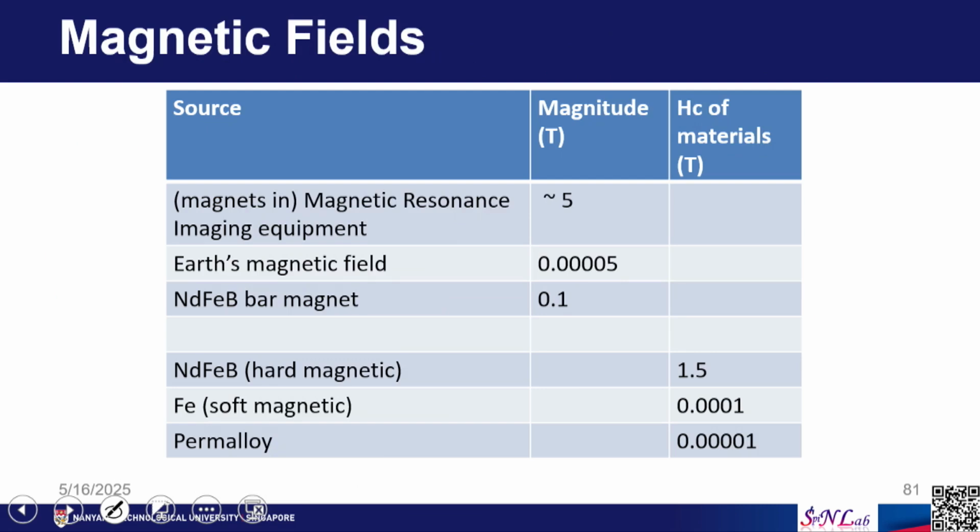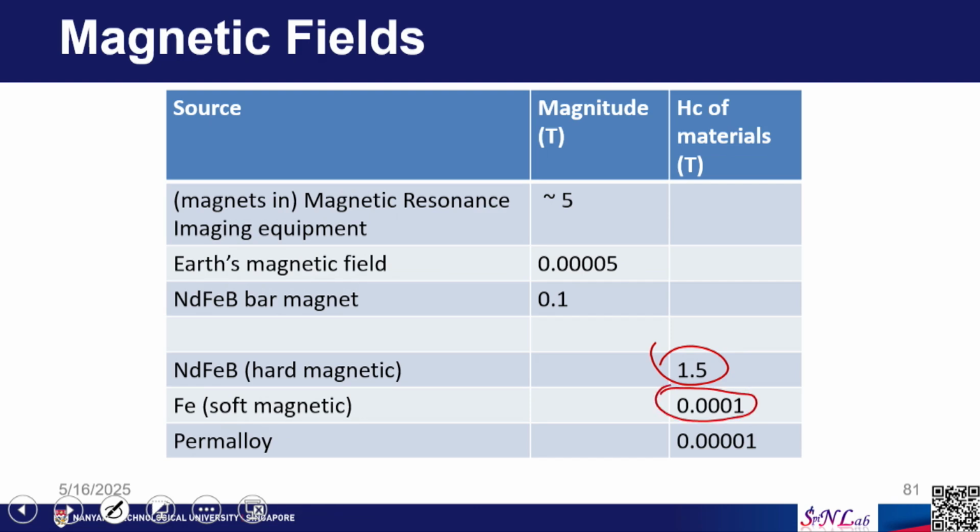Here I give you some numbers about the coercivity values, for example. If you take neodymium iron boron, which is a hard magnetic material, it has a coercivity of around 1.5 Tesla. If you take a piece of iron, it has a very low coercivity of 0.0001.